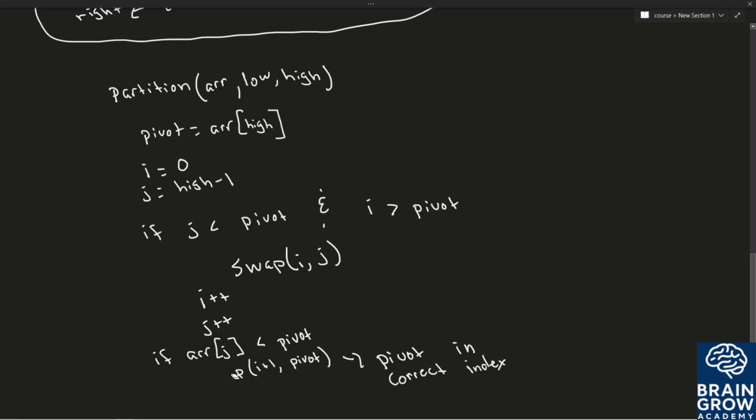Let's redo this part, make it a little clearer. Because if array of j is less than the pivot, that means all of our values are now correctly on the left side. So at that point, we just want to swap j and pivot.